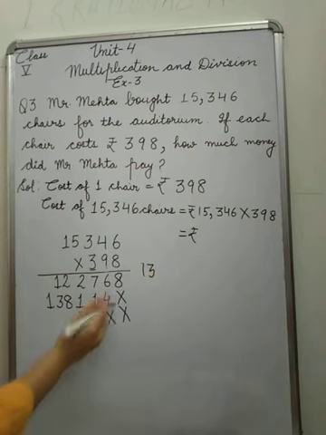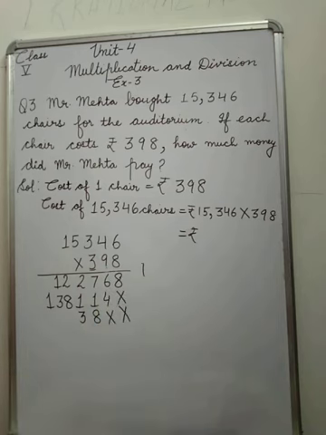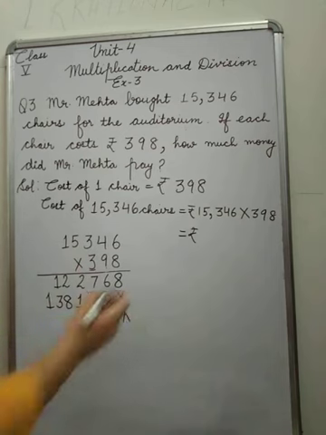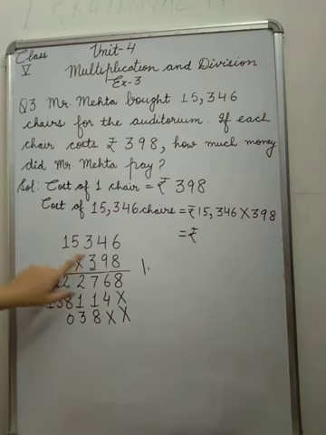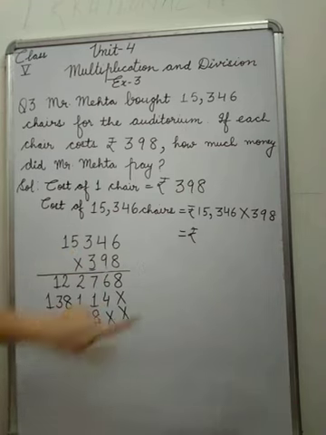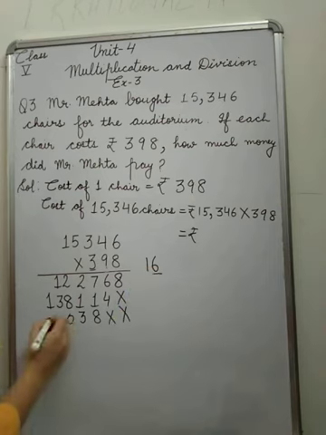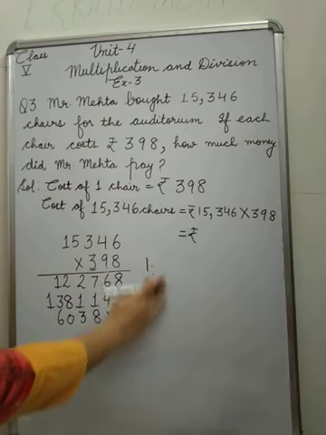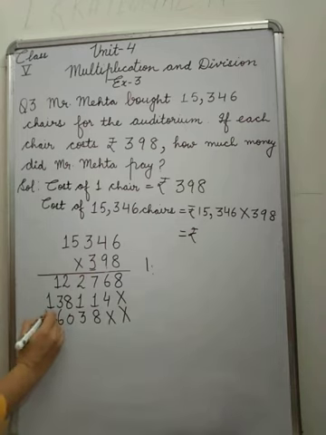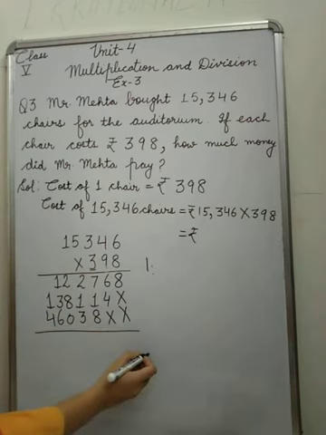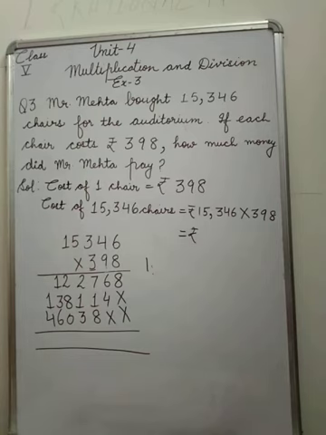That 3 will write here. 1 is carry again. 3 3s are 9 plus 1, that will be 10. 0 will come here. 1 is carry again. Now 3 5s are 15 plus 1, that will be 16. 6 will come here, 1 carry again. Now 3 1s are 3 plus 1, that will be 4. Now write it here, 4, and add these, then you will get the cost of 15,346 chairs.